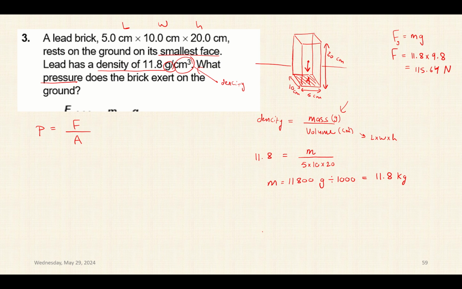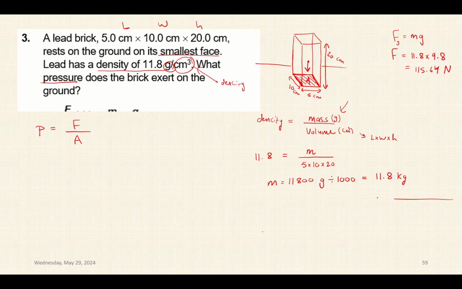So this is the amount of force applied on the area. Now what is the area of the smallest face? We need to find the area of the smallest face right here. You can see that the smallest face has the dimensions of 5 and 10.